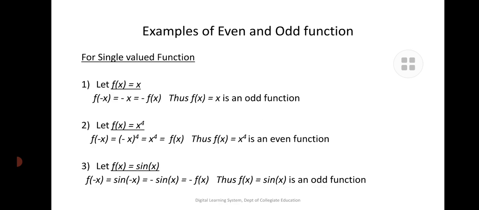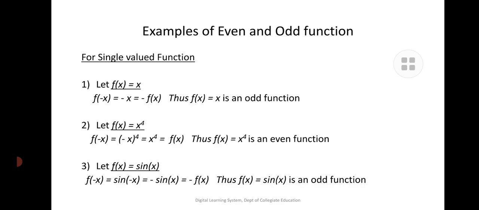For an example of even and odd functions, take a single valued function, let f of x is equal to x, and f of minus x is equal to minus x, that is equal to minus of f of x. Thus f of x is equal to x is an odd function.